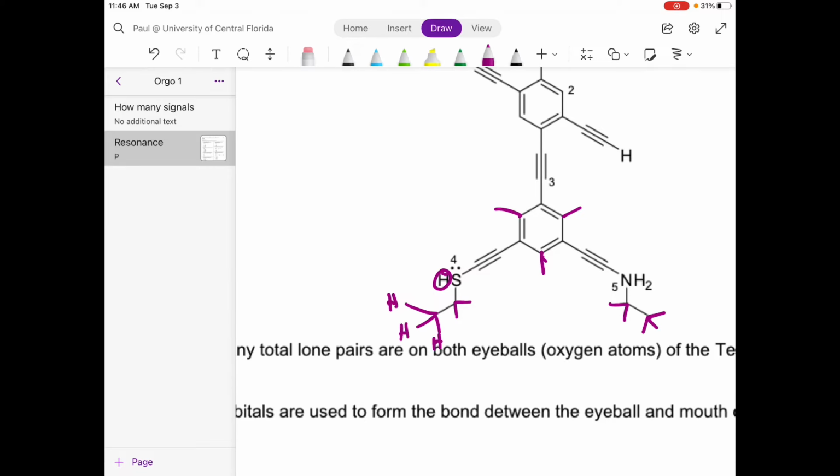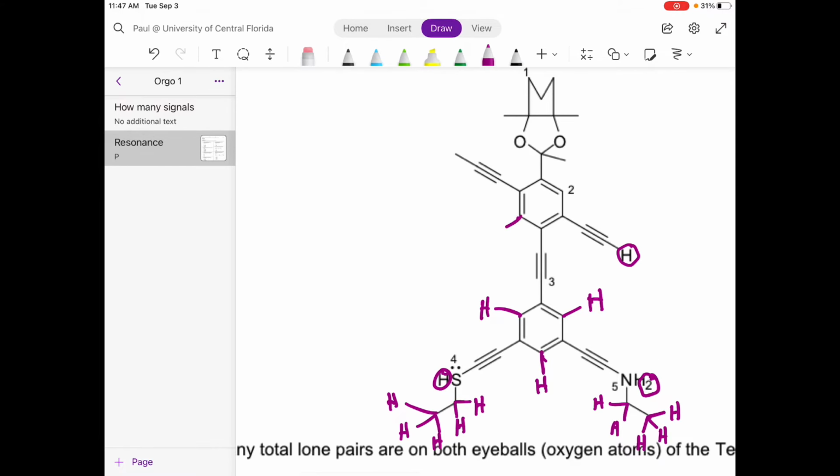You know, we have time. Let's just draw in all the hydrogens so there's no mistakes. And we have 2 here. Hydrogen there, hydrogen there. Have that one.